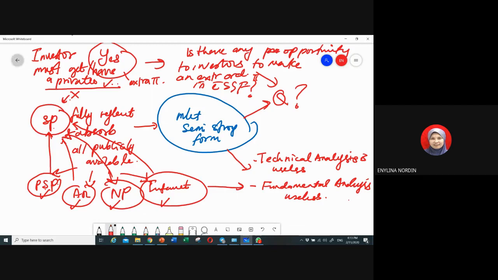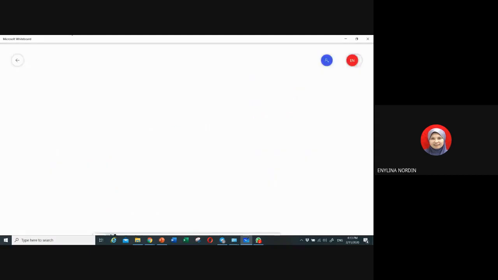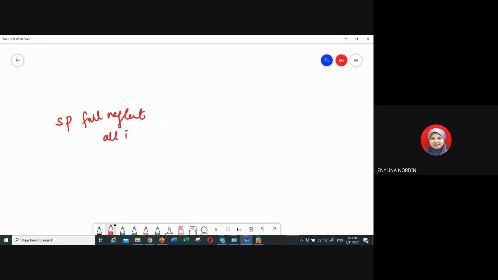But when we go to the strong form, when the stock's price fully reflects all information, that means the private information now becomes public information, together with the other public information. That means the market is in the strong form efficiency.